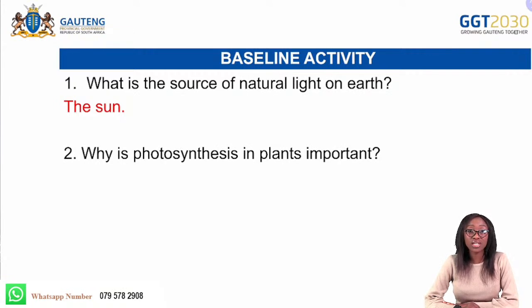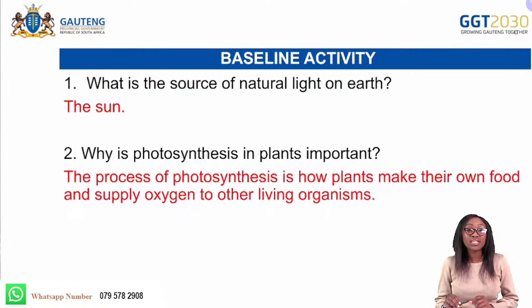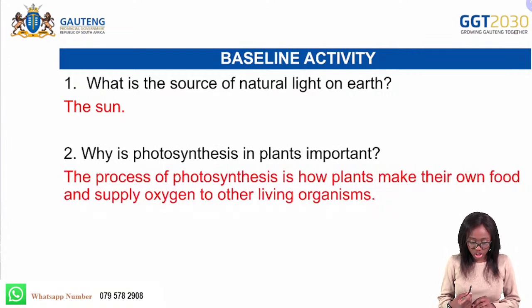Remember, we learned about photosynthesis in term 1. Do you remember what the role of photosynthesis is or what its significance is? Why is it so important to us? The process of photosynthesis is how plants make their food and supply oxygen to other living organisms.